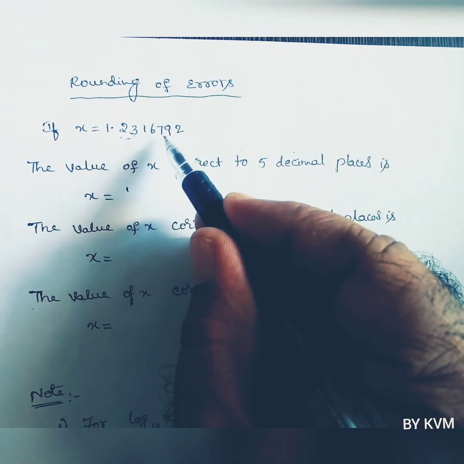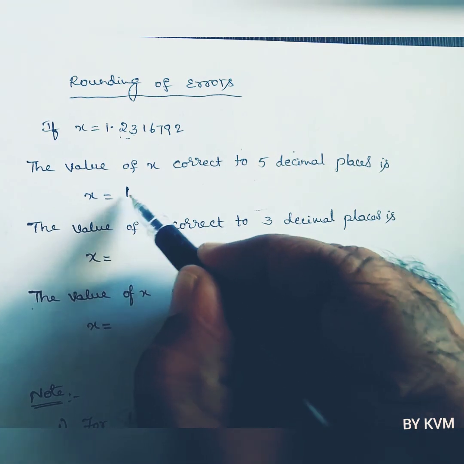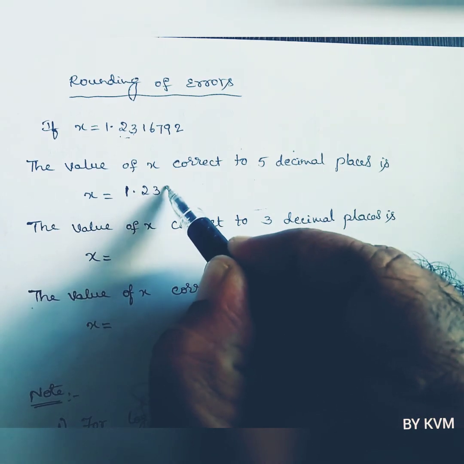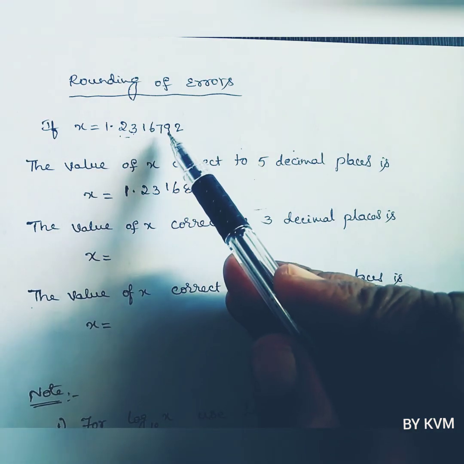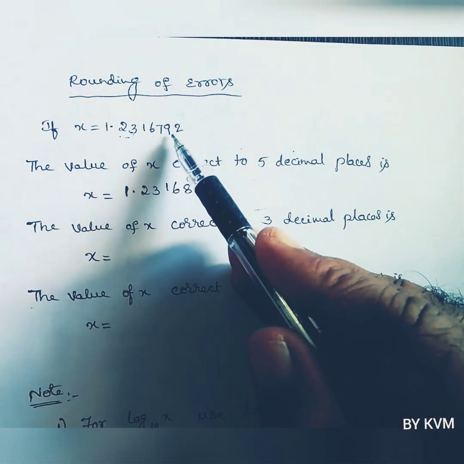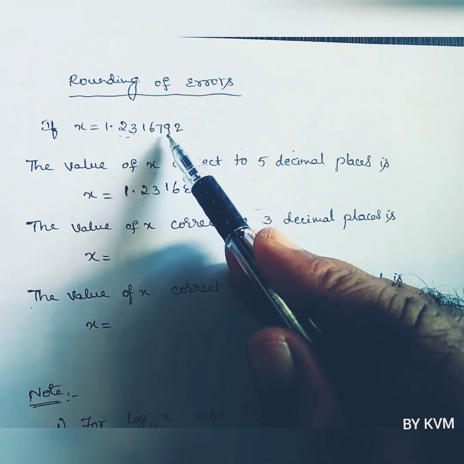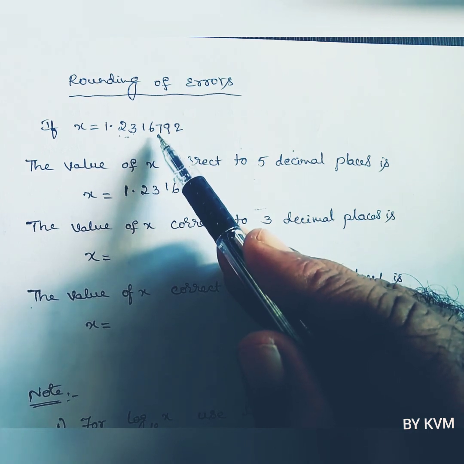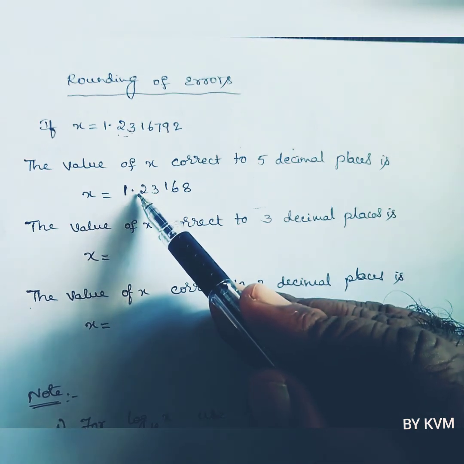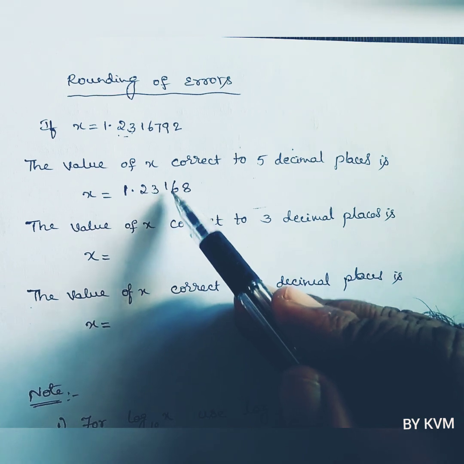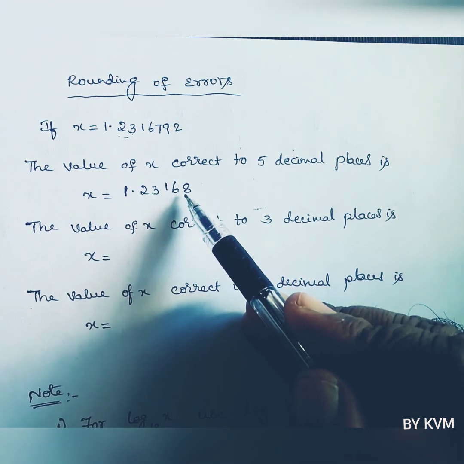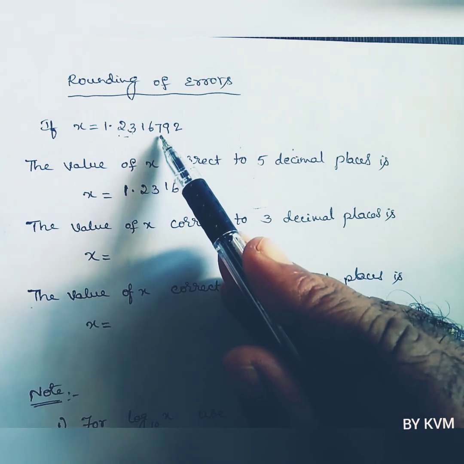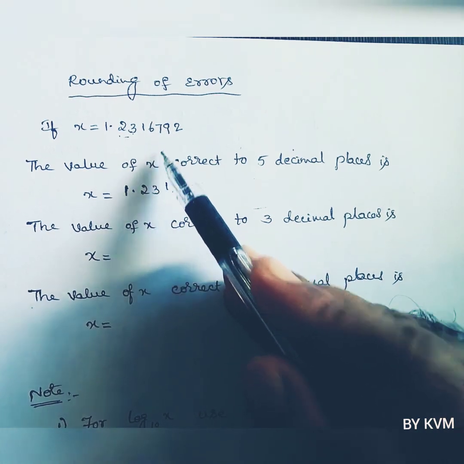For 7 we have to add 1, so x becomes 1.23168. Since 9 is greater than 5, in the 5th place increase the number by 1. So for 7 we put 8, that is, we are adding 1 to the number 7.